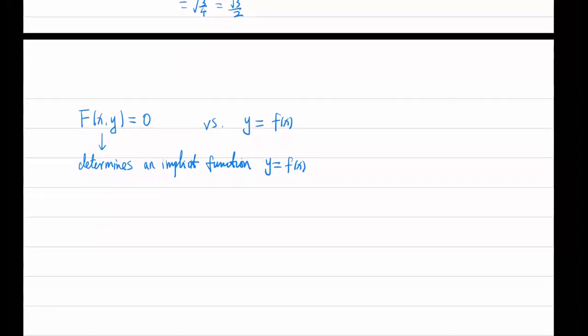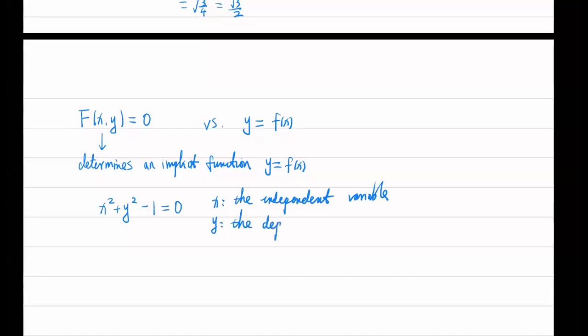Let's see some examples. Okay, we'll start with this one. In this formula, x is the independent variable and y the dependent variable.